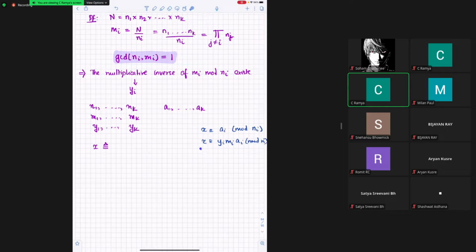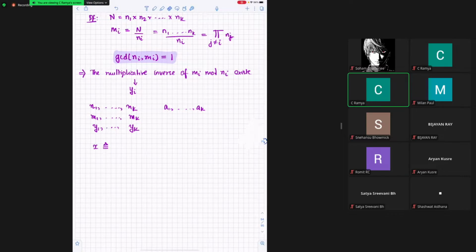As in, if this is satisfied, can we say that this is satisfied? We can, because yi is the multiplicative inverse of mi modulo ni. So yi mi is congruent to 1 mod ni. So this is essentially the same as saying that x is congruent to ai mod ni.